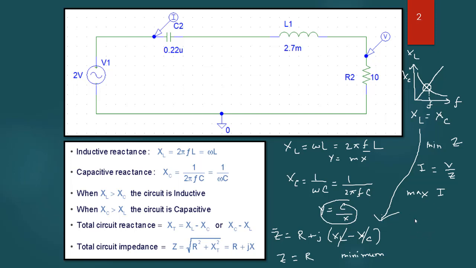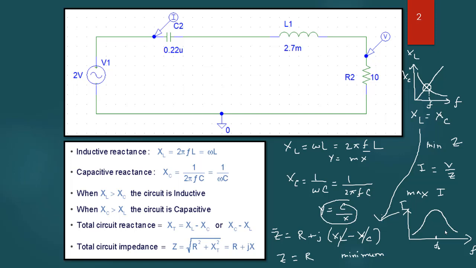If we plot the current as a function of frequency, at first the impedance is higher, and at some specific frequency f naught the impedance will be lowest, so the current will be highest. So our graph will look like this.